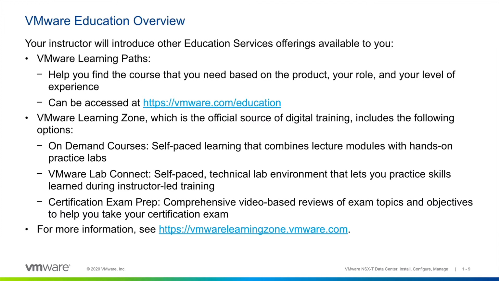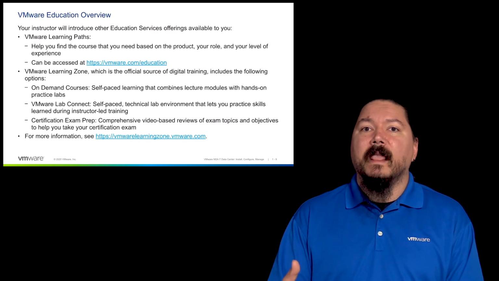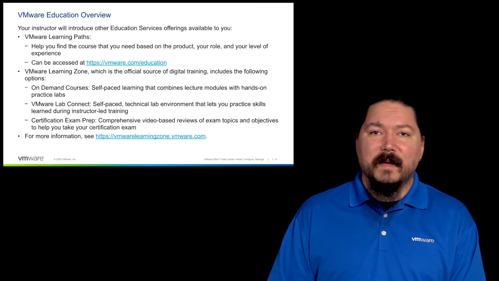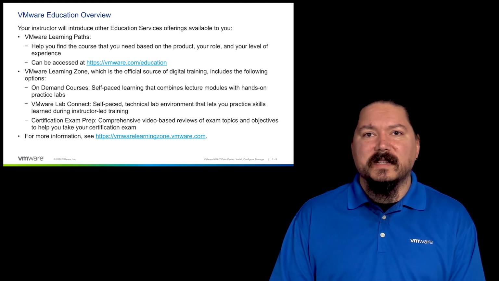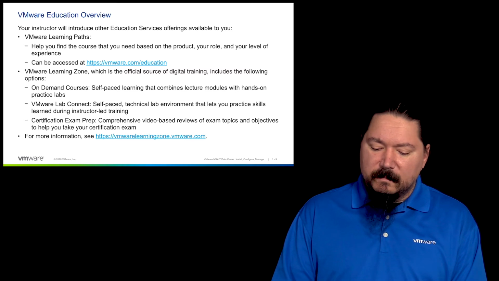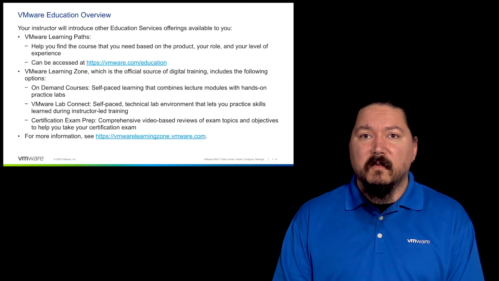At vmware.com/education, at our education portal, we have some tools to help you figure out what other classes you might want to take, right? For example, if you're looking at NSX-T and you've taken the Install, Configure, Manage class, maybe you've achieved your VCP Network Virtualization certification, we can then guide you, right? Are you looking to become more of an architect?